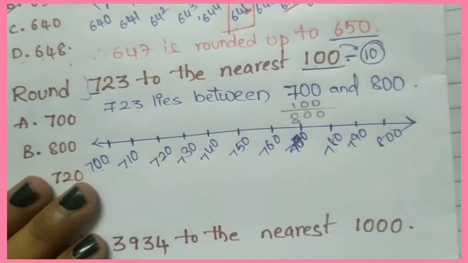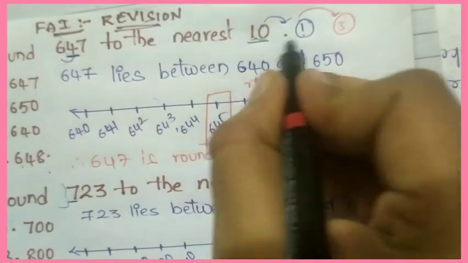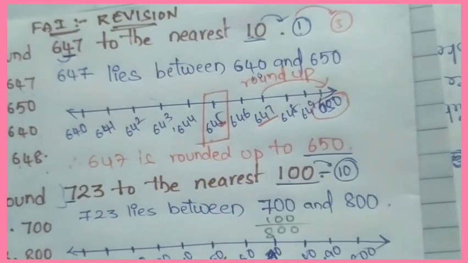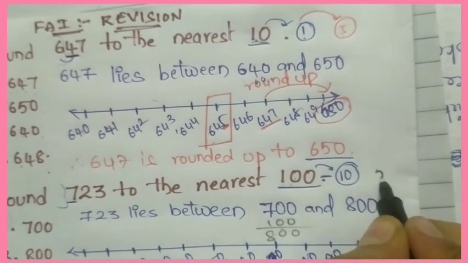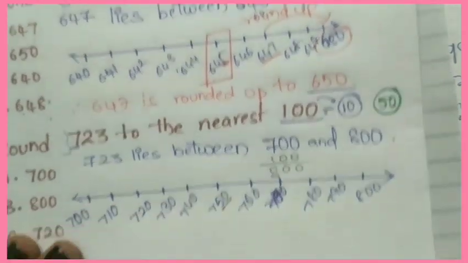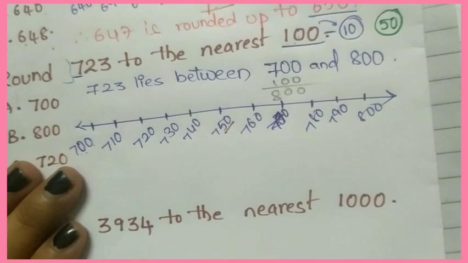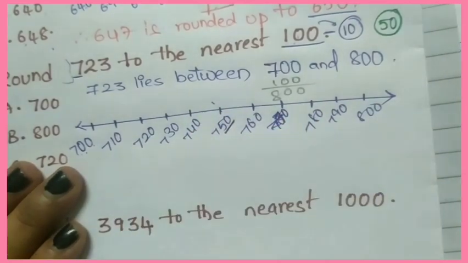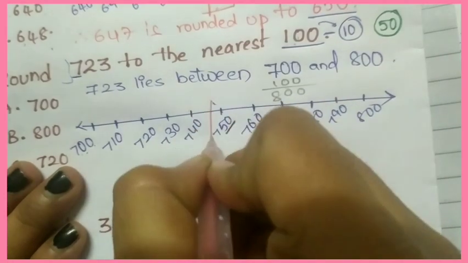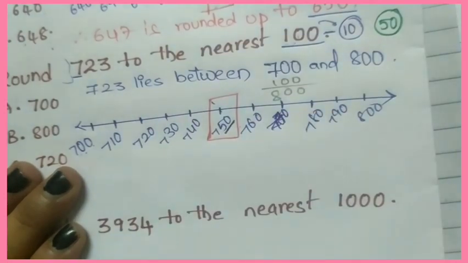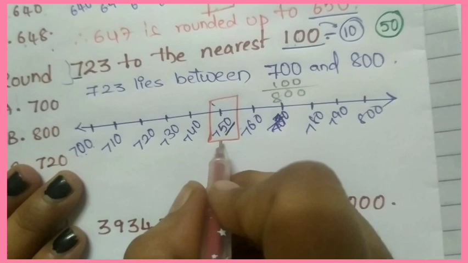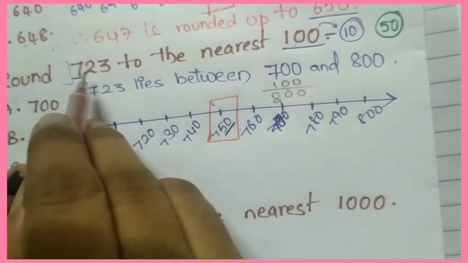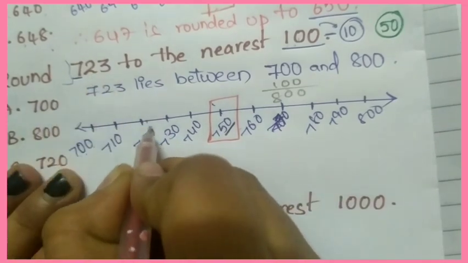Now for tens we have 5 as the midpoint. For hundreds we have 50 as the midpoint. So 750 is the midpoint. Now 723 will be here.